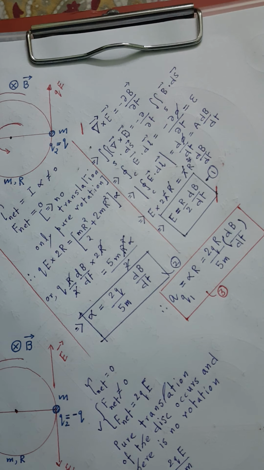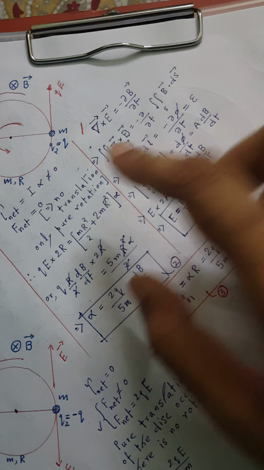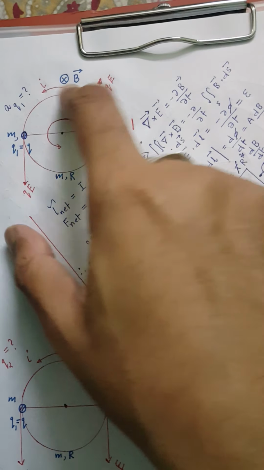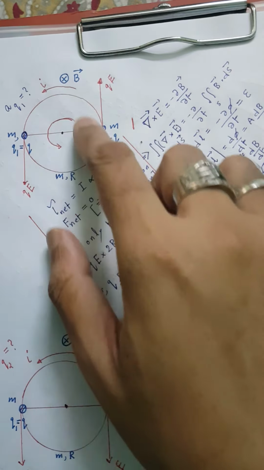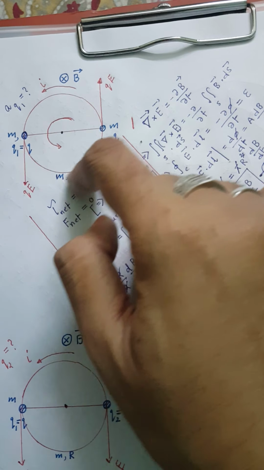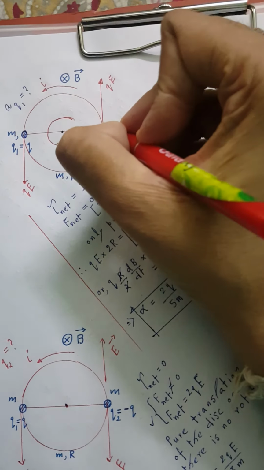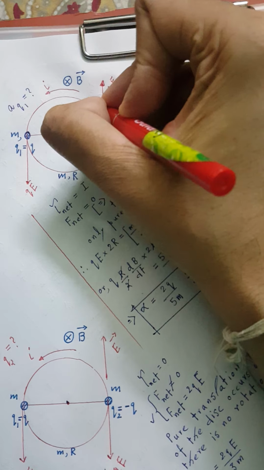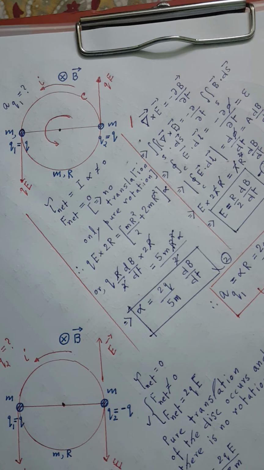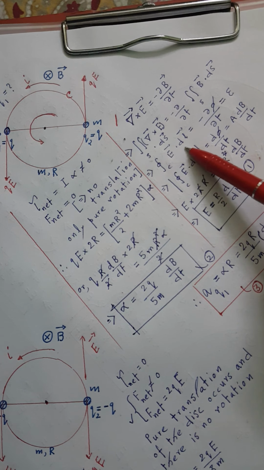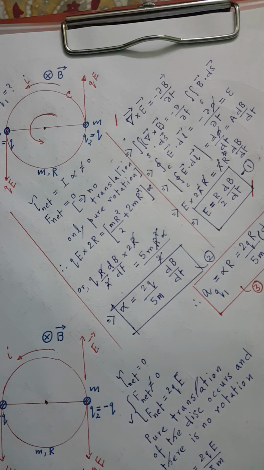Curl is a vector differential operator, called the gradient operator. If you take the surface integral of curl of E, you are taking it on the surface of the disk, and the surface of the disk is enclosed by this peripheral contour, which is C. The line integral of the electric field provides the induced EMF, which is minus d phi dt.